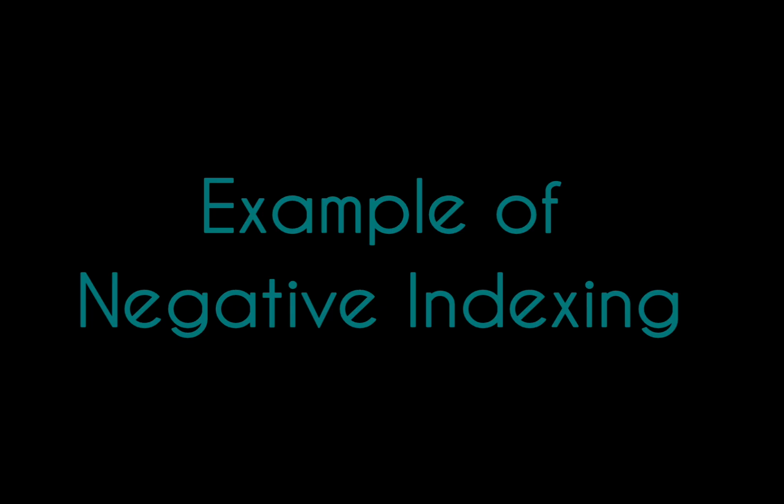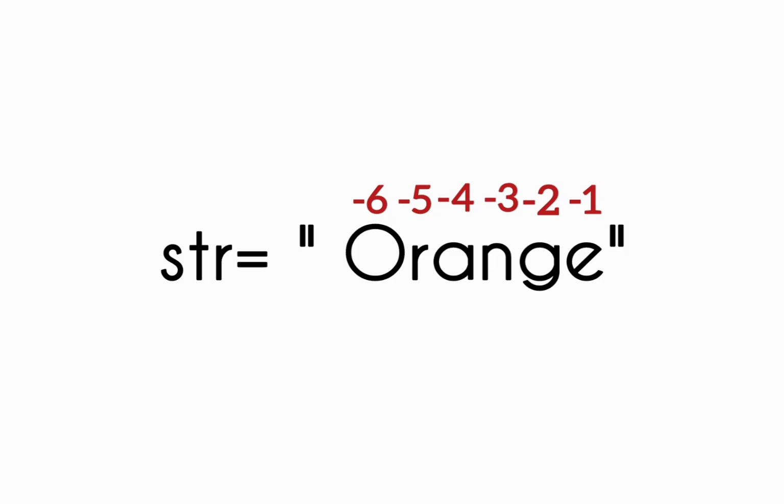Now moving forward to the example of negative indexing. Here I have taken a string orange which is stored in the variable str. Here the indexing has started from the right hand side, as I said that the negative indexing always starts from the right hand side, unlike the positive indexing which starts from the left hand side. And here the first position assigned from the right hand side to the character E is -1, not 0 like the positive indexing.